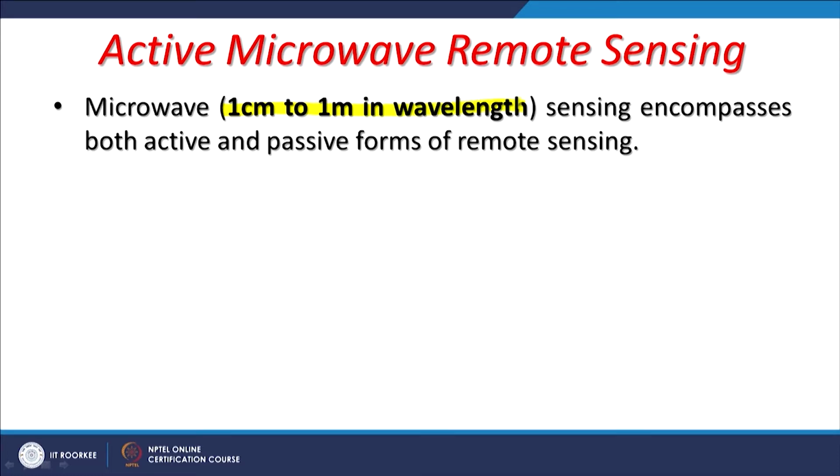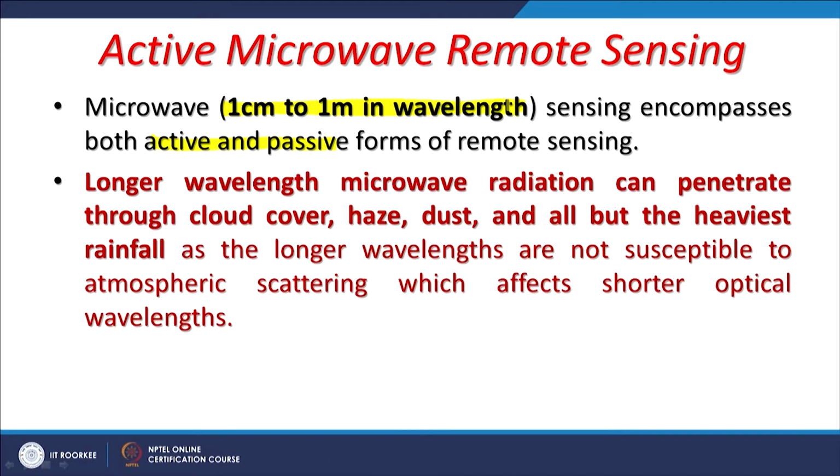That part of the EM spectrum, from 1 centimeter to 1 meter in wavelength, is considered as microwave, and this encompasses both active and passive. So, whether it is active or passive, this wave band remains the same, that is 1 centimeter to 1 meter for remote sensing purposes.